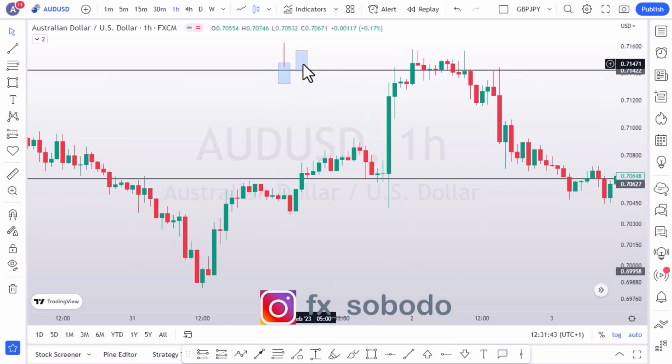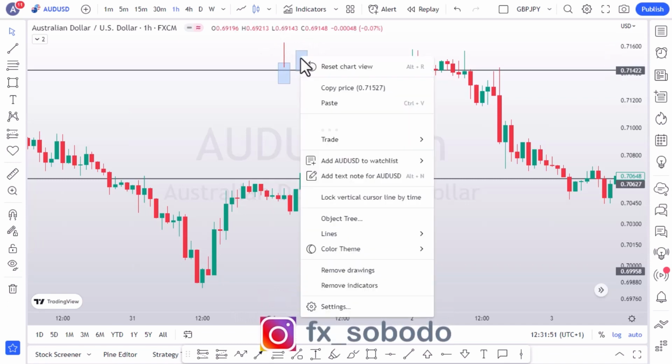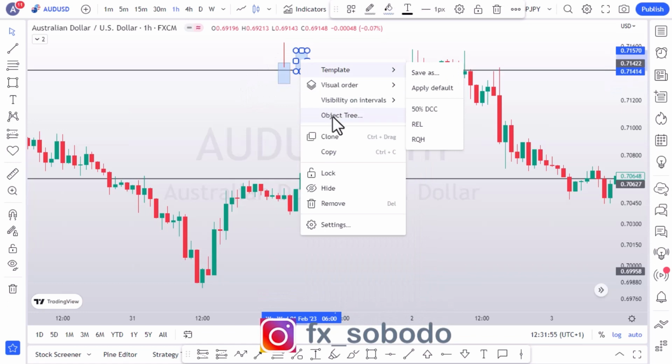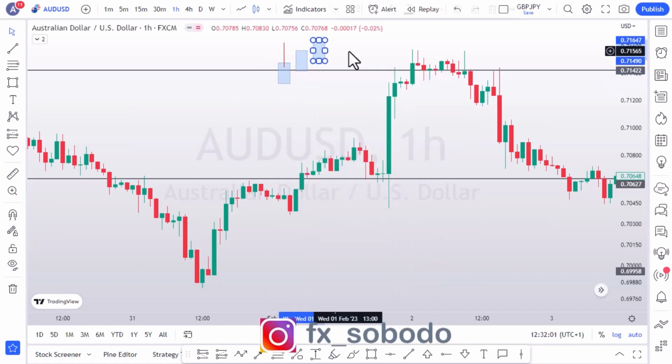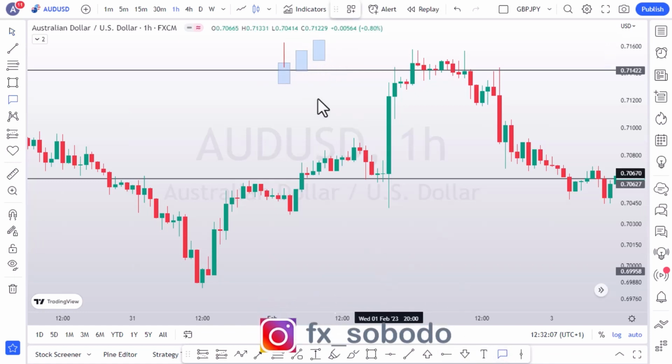If a candle closes like this on our resistance area, this is not a break. It closes again like this, it is not a break. Let's clone this again. If a candle closes like this and this is our resistance, this is what I call a break of resistance.